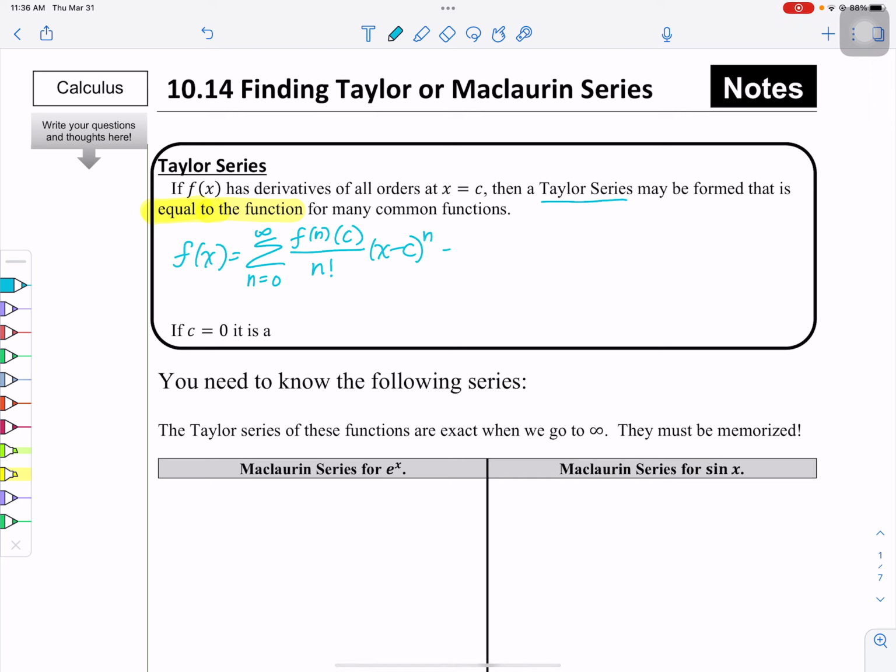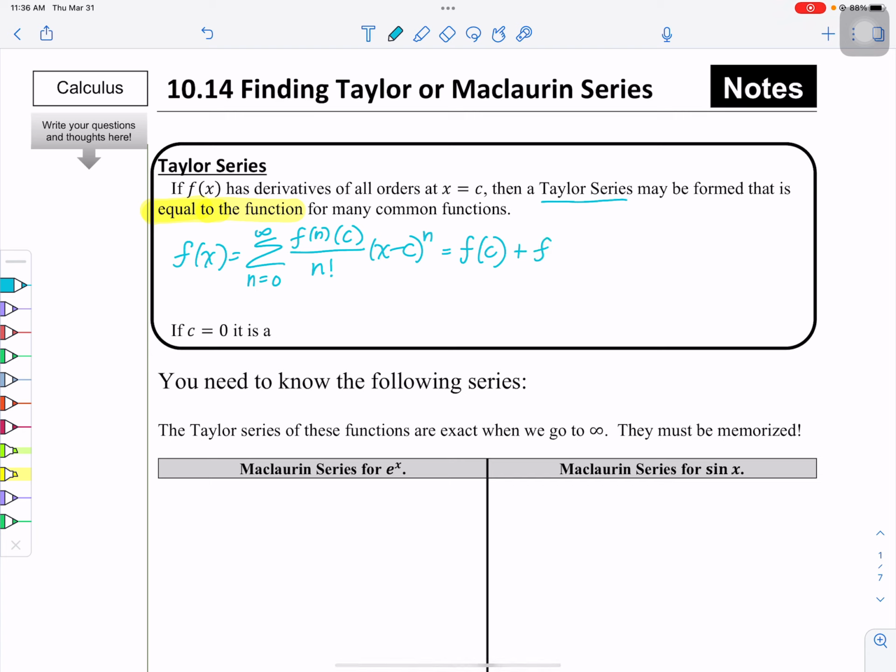Now, we talked about how the first term of our Taylor series is always going to be f at the center, the function evaluated at the center, and that always seems to get us started.